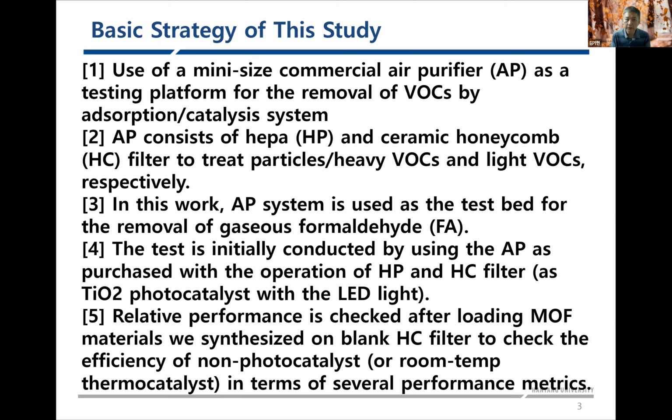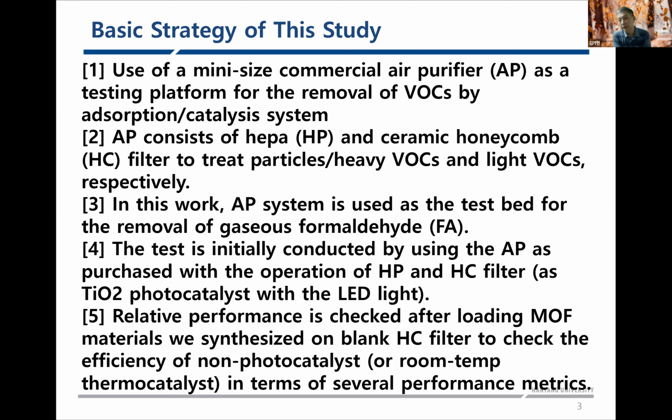This commercial air purifier is made of two filter systems. The first one is the HEPA filter, with the acronym HP, and the second is the ceramic honeycomb filter, also abbreviated as HC. Both HP and HC filters are used to treat airborne particles and heavy VOCs, basically by the HEPA filter filled with activated carbon, and light VOCs like formaldehyde by the honeycomb filter.